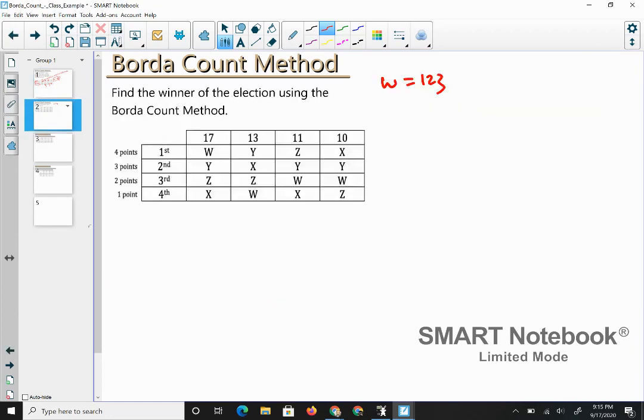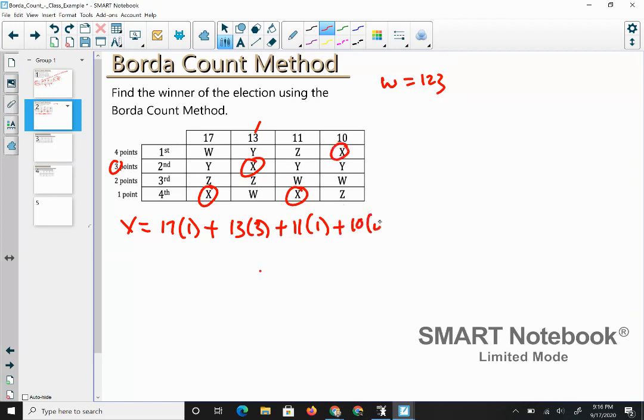We'll say, all right, X. If we take candidate X, we see that's 17 times 1 plus 13 votes times 3 plus 11 votes times 1 plus 10 votes times 4.